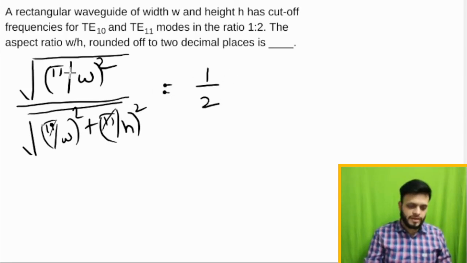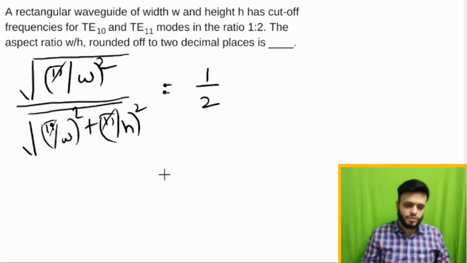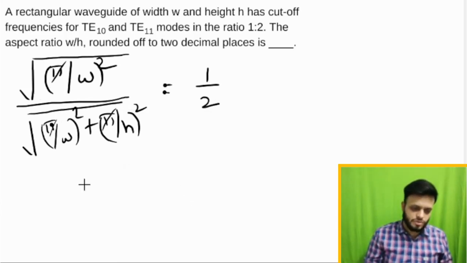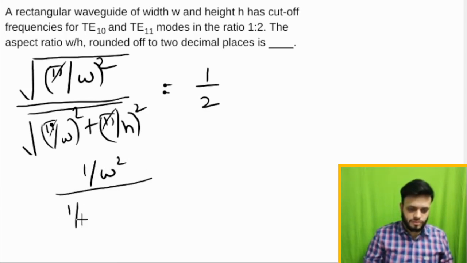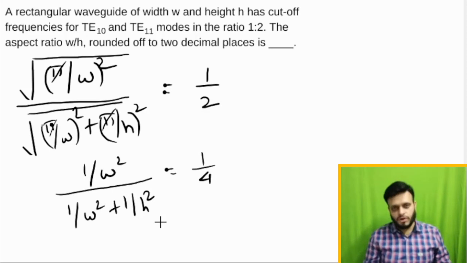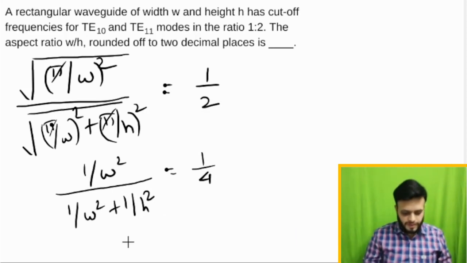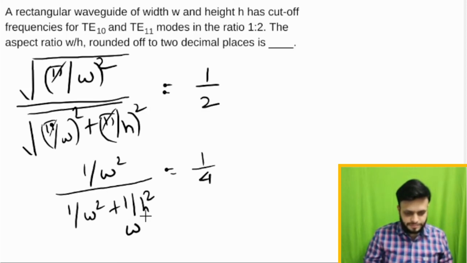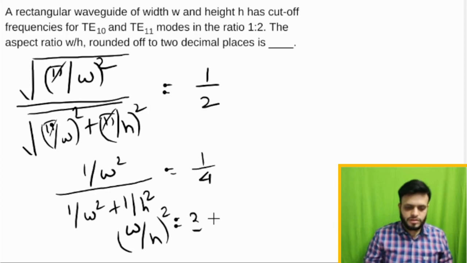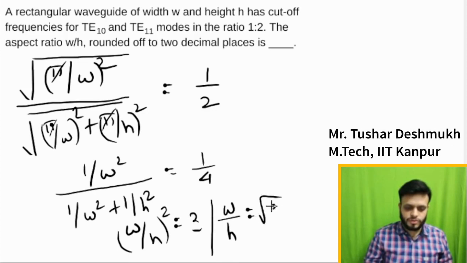Now this pi will get cancelled. You can take the square of this, so we can say 1 over w square upon 1 over w square plus 1 over h square equals 1 by 4. By solving and simplifying this equation, we will get (w over h) whole square is equal to 3. So we can write w by h is equal to square root of 3, which is equal to 1.732.